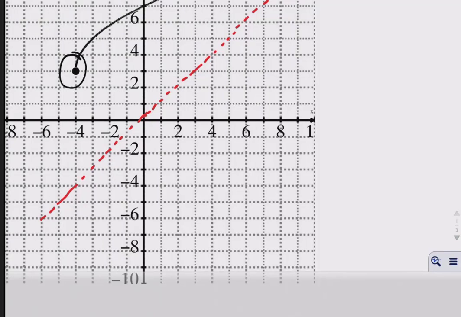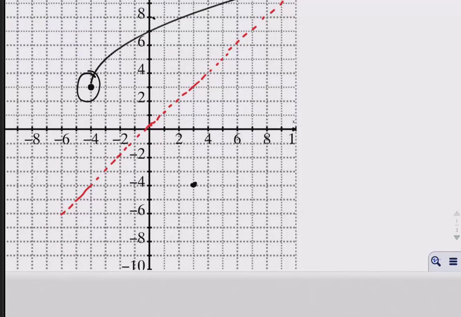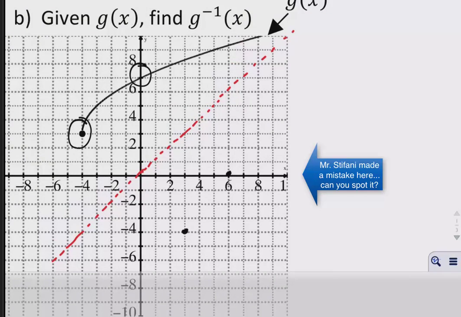So the point is down here. And anything else? Well, my y-intercept there is 0, 6, so that becomes 6, 0. And any other distinguishable point? How about this one here? That looks like 8, 9, so that becomes 9, 8. Oh, it's 10. So 10 and 8. That'll bring me right here.